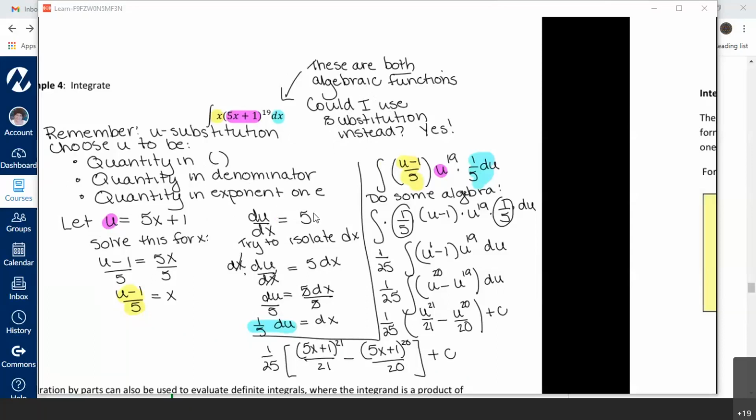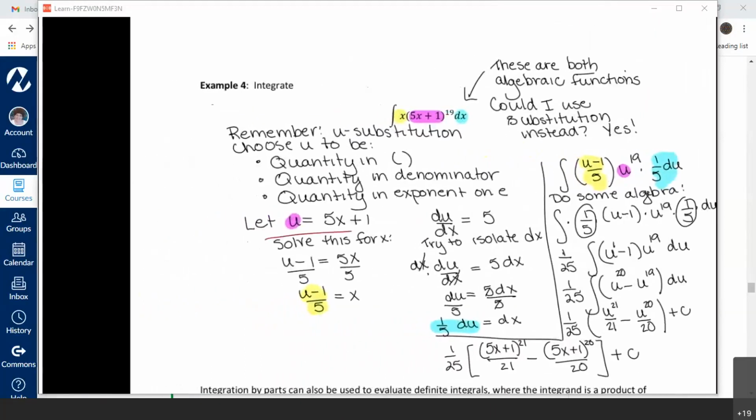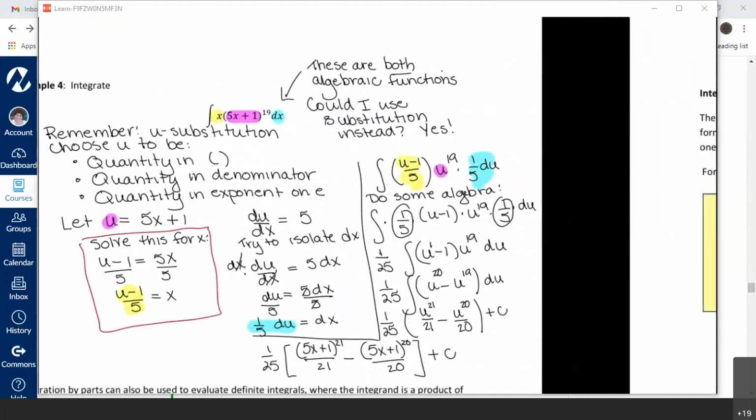We picked a u, and then we matched one other part of the integrand by doing du over dx. But the extra piece, the piece that was the insight, was to realize that you could solve your u equals expression for x, and then you're able to match that extra part.